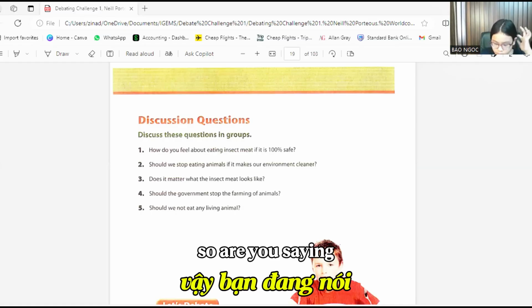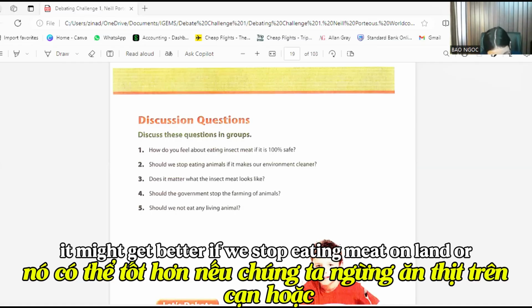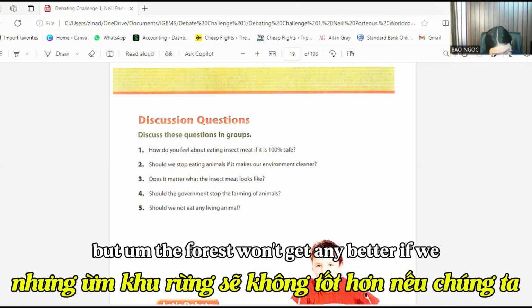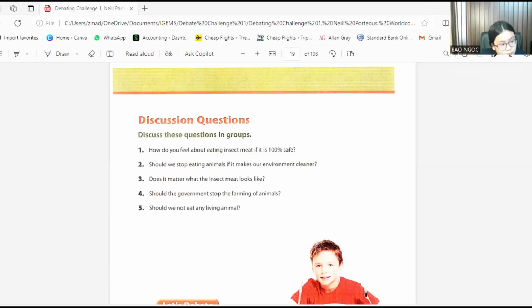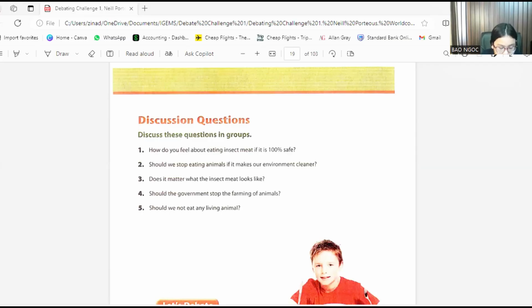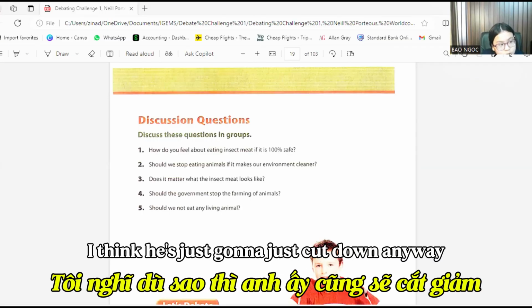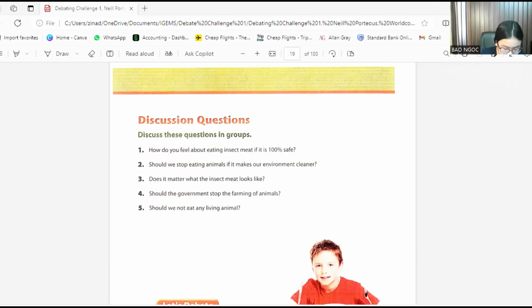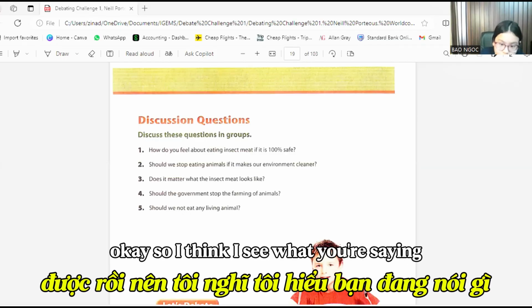So are you saying it might get better if we stop eating meat on land? But the forest won't get any better if we eat insects, because that's gonna just be cut down anyway. Okay, so I think I see what you're saying.